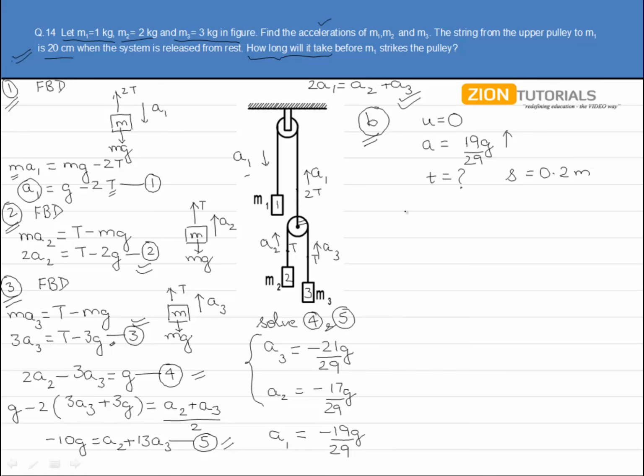So let us employ the second equation of motion: S equals ut plus half a t squared.